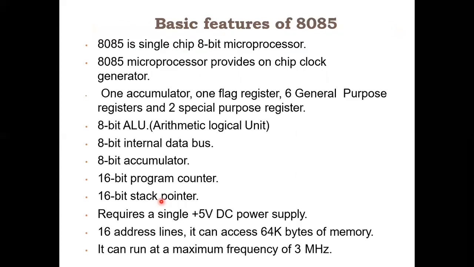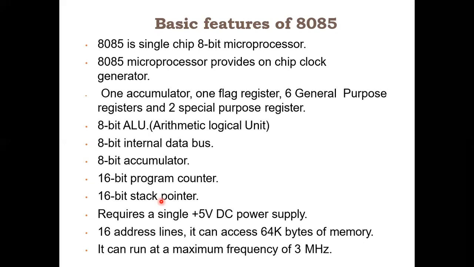The 8085 is a single chip 8-bit microprocessor. It provides an on-chip clock generator, one accumulator, one flag register, 6 general purpose registers, and 2 special purpose registers, an 8-bit ALU, that is arithmetic logic unit, an 8-bit internal data bus, an 8-bit accumulator, a 16-bit program counter, and a 16-bit stack pointer.